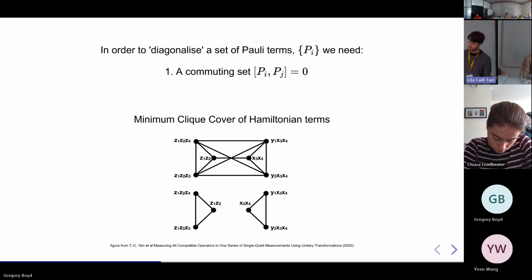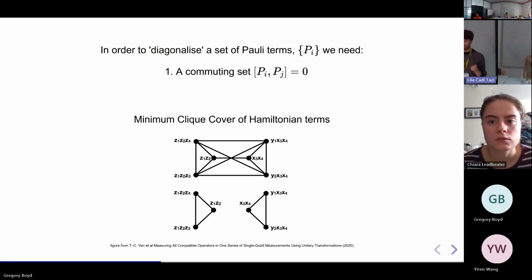So we produce a graph where every vertex is a term in the Hamiltonian, and every edge is between terms that commute with each other. And then, in order to find these sets, we want to find cliques. So we try and find a clique coloring of this Hamiltonian graph. This is an NP-hard problem, but we do the best we can.